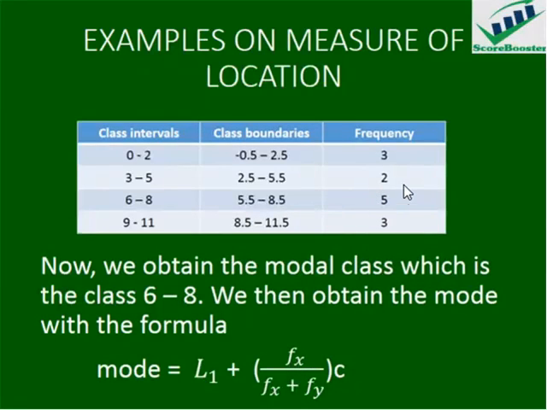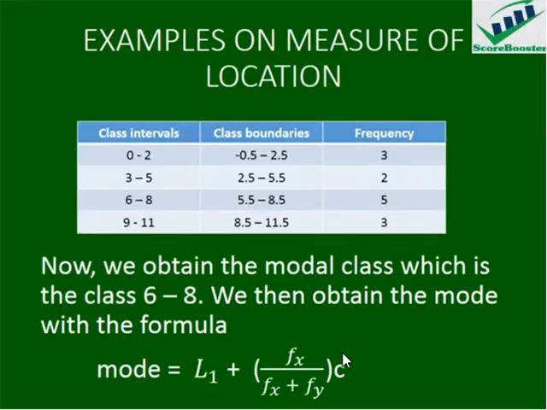Fs is the difference between the frequency of the modal class and the class before it, which is 5 minus 2, which is 3. Fy is the difference between the frequency of the modal class and the class after it, 5 minus 3 is 2.